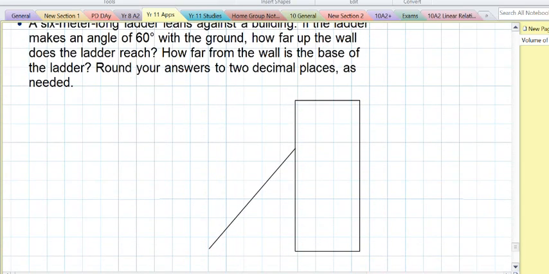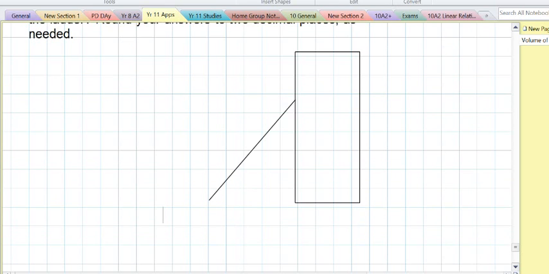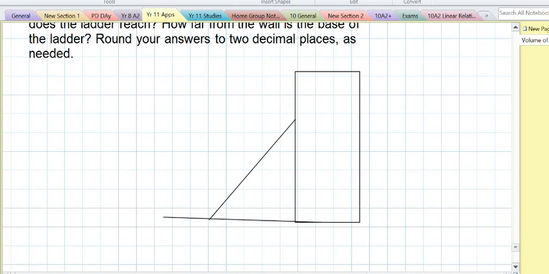Okay, so what measurements can we put in? Length of the ladder, good, which is 6 meters. So for this, we might need to construct a base if we haven't got one already. And the angle it creates is 60 degrees.